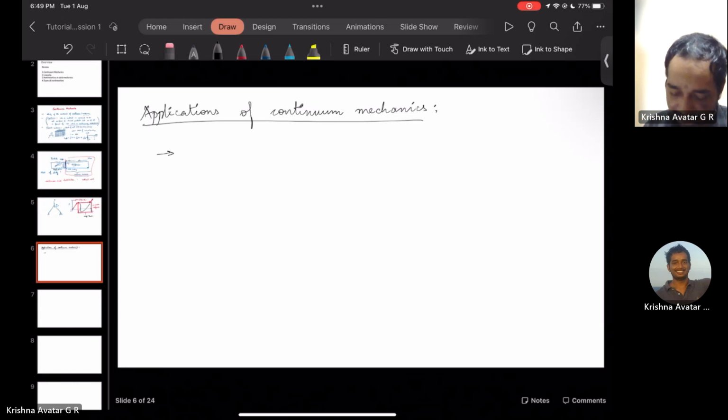It is used to study solid mechanics. Solid mechanics is, let's call it, a branch of continuum mechanics. Then you have fluid mechanics.